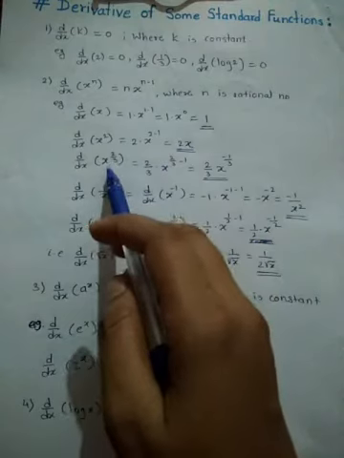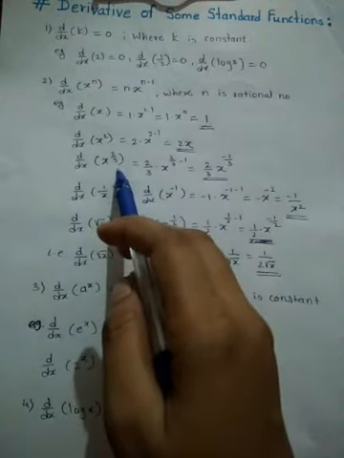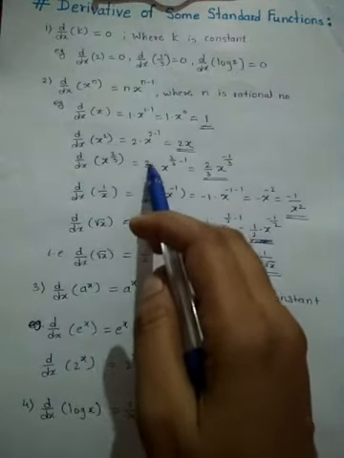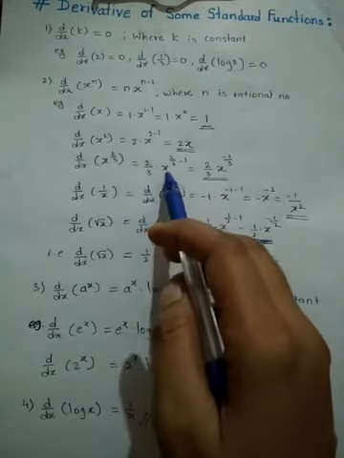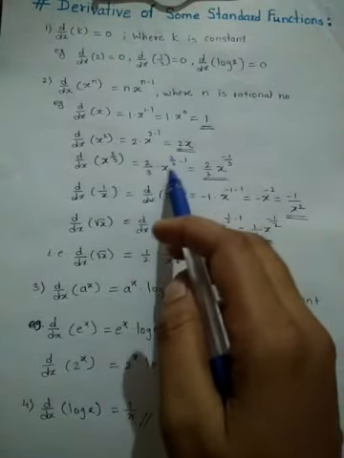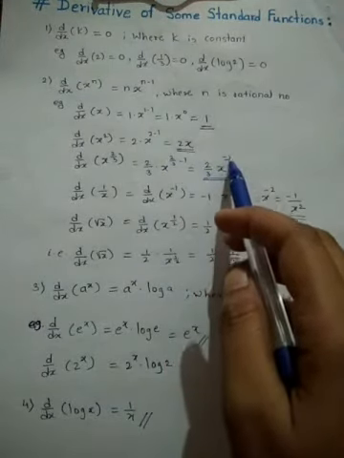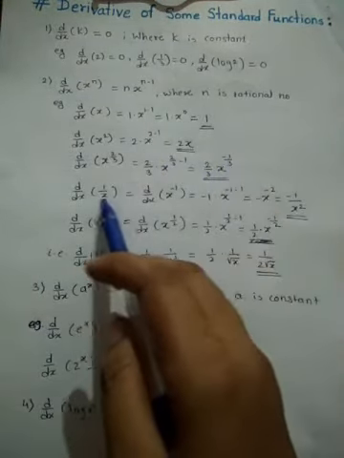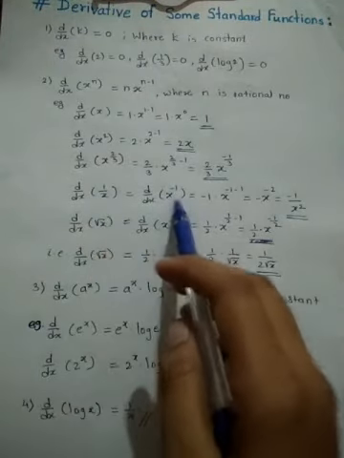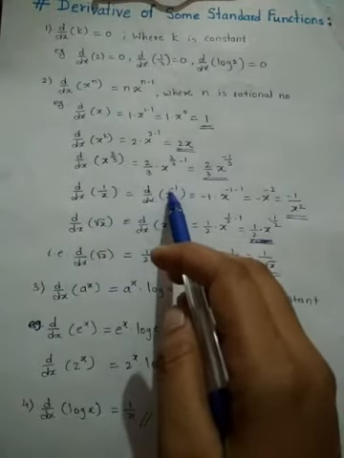Similarly, derivative of x raised to 2 by 3 equal to 2 by 3 into x raised to power minus 1. After simplification, we get 2 by 3 into x raised to minus 1 by 3. Similarly, derivative of 1 by x is nothing but derivative of x raised to minus 1.